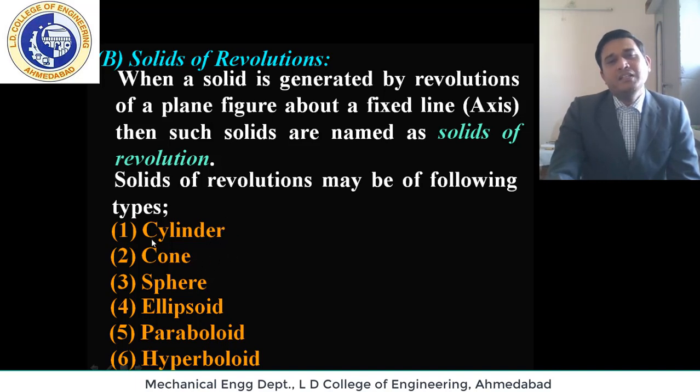Now in our case, we will discuss the cylinder and cone. If we have one particular plane figure, or a particular shape of plane, and we rotate it about one fixed line, then we will get some shape of solid. Let's discuss that.